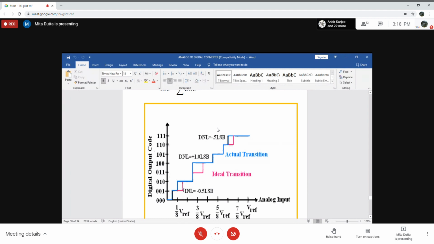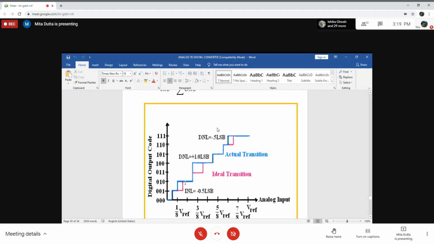From 0,0,0 to 0,0,1 there will be no differential linearity error. But from 0,0,1 to 0,1,0, in the ideal case it will be 1 LSB, but in the actual case it will be 1.5 LSB.